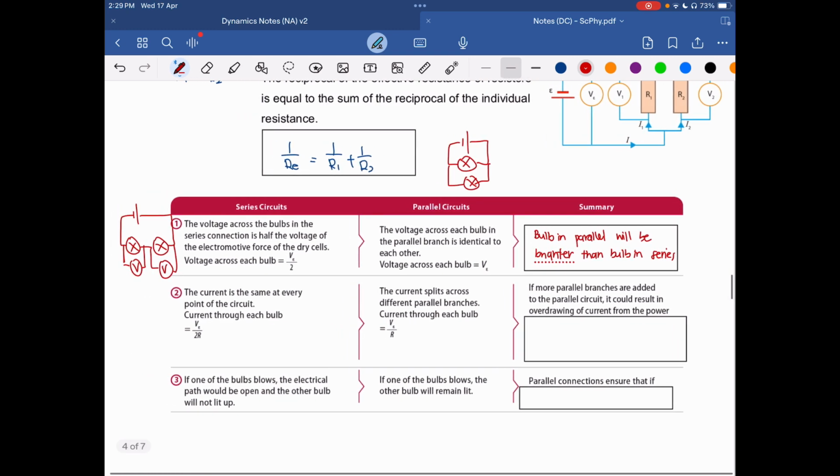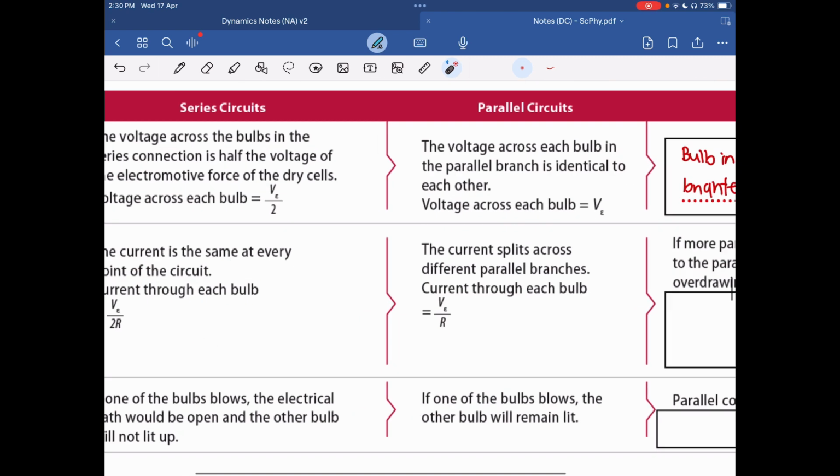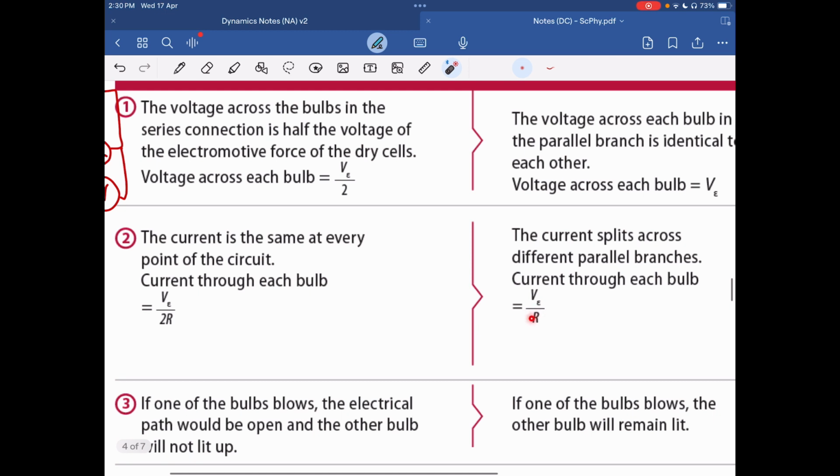Okay, why is it brighter? Again, it depends on the power, right? P equals VI. So the V across the first component, in the parallel component, is bigger compared to the series, and the current will also be bigger because if you take a look, the denominator here is smaller compared to series.